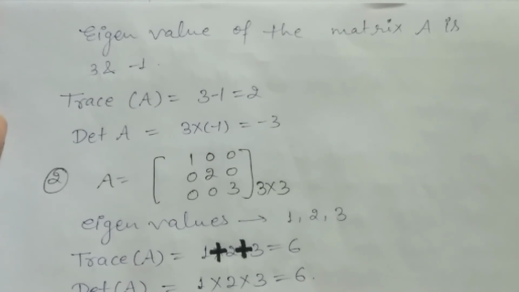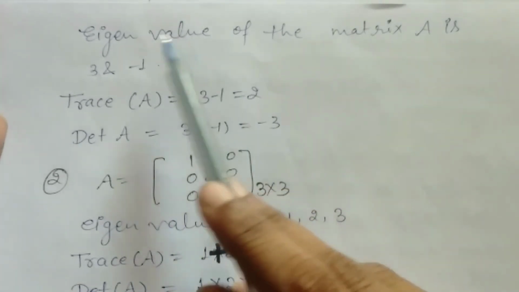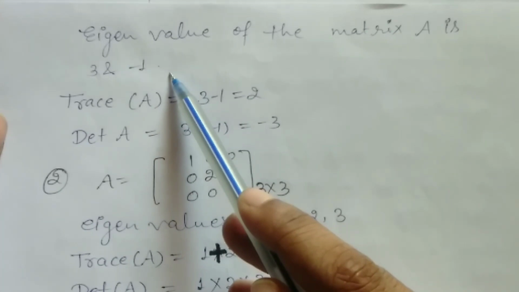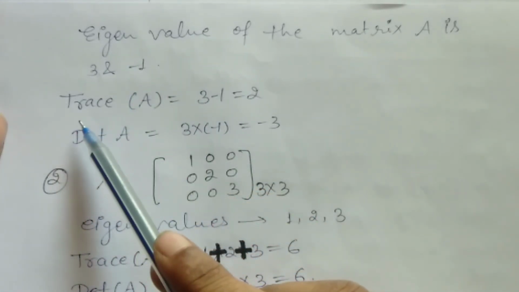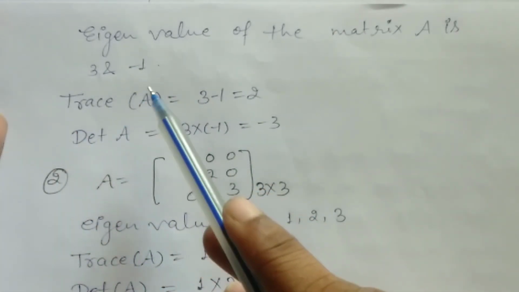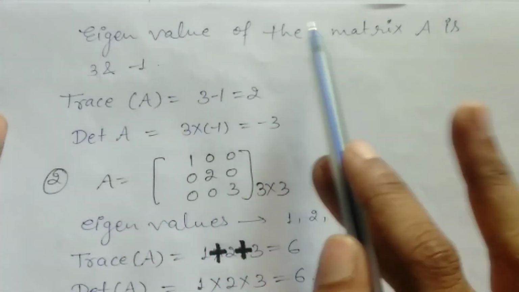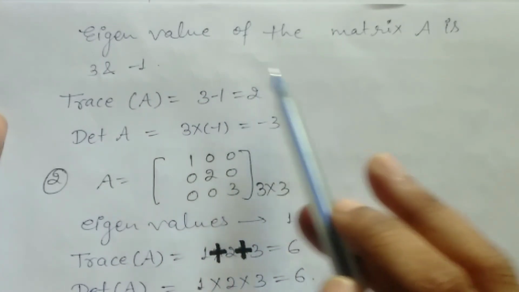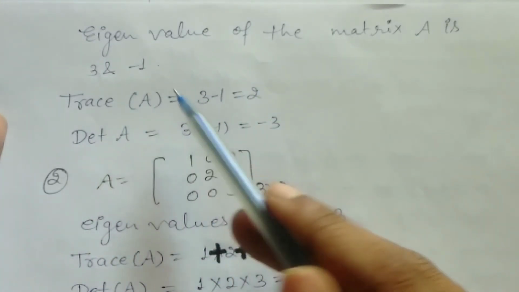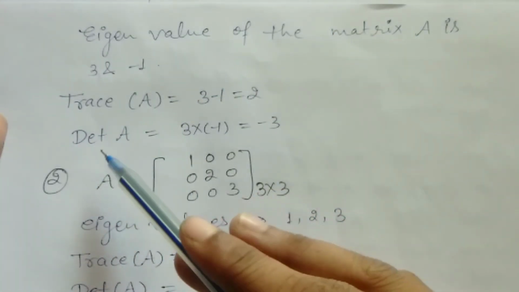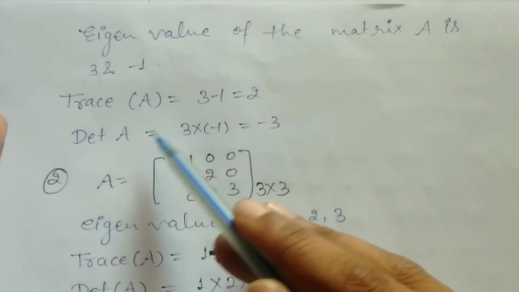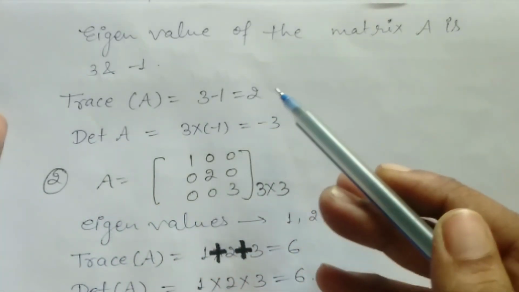The two eigenvalues of the matrix A are 3 and minus 1. If any student is asked what the trace of the matrix A is, the trace of A equals the sum of the eigenvalues, so 3 minus 1 equals 2. And if asked about the determinant, then the determinant of A equals the product of the eigenvalues.